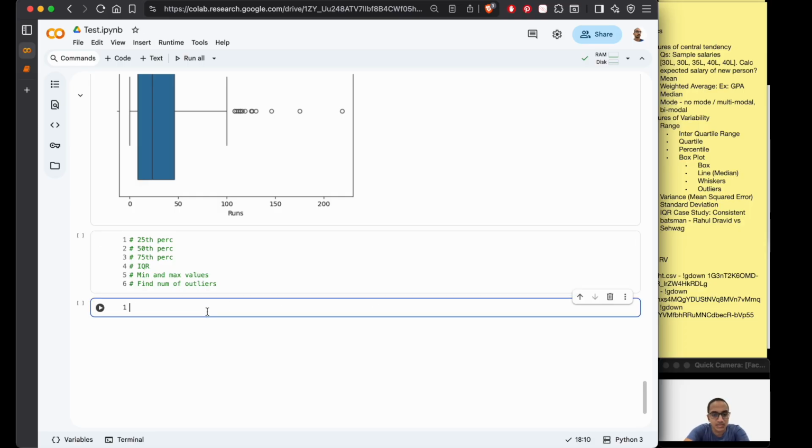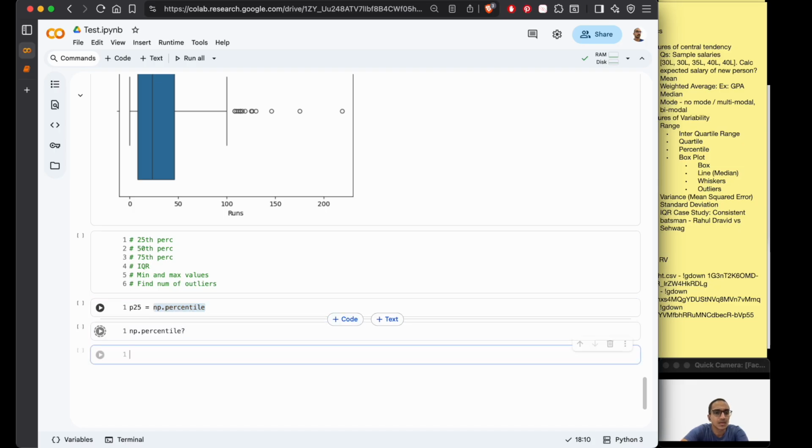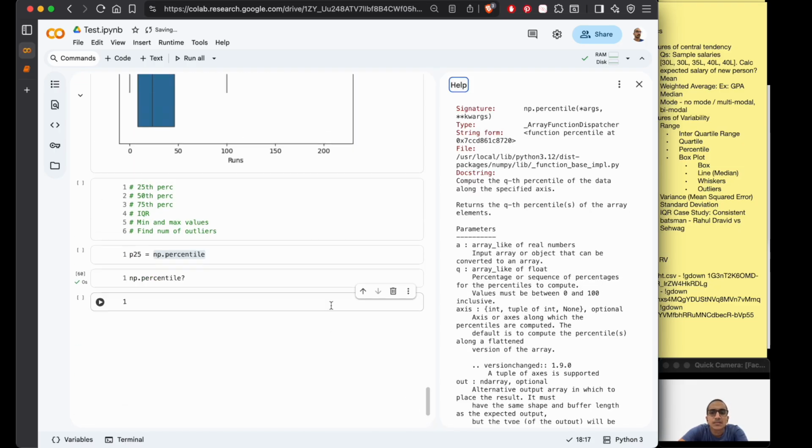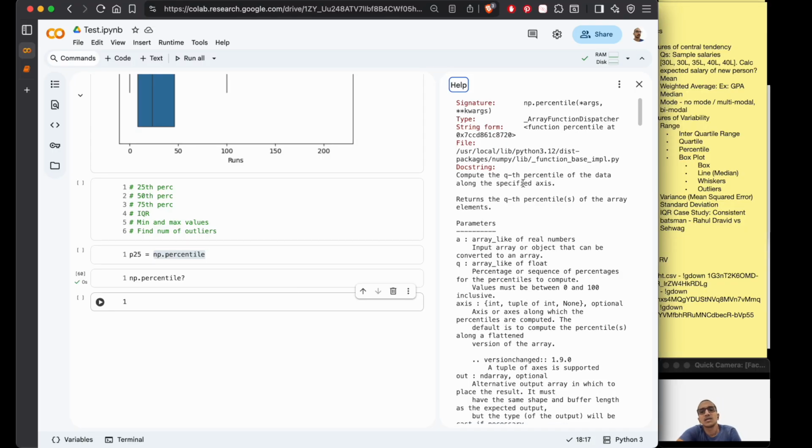So to find the 25th percentile, let's say P25, we use the np.percentile method, let me see what it takes. Array like or real numbers, input array or object that can be converted to an array.